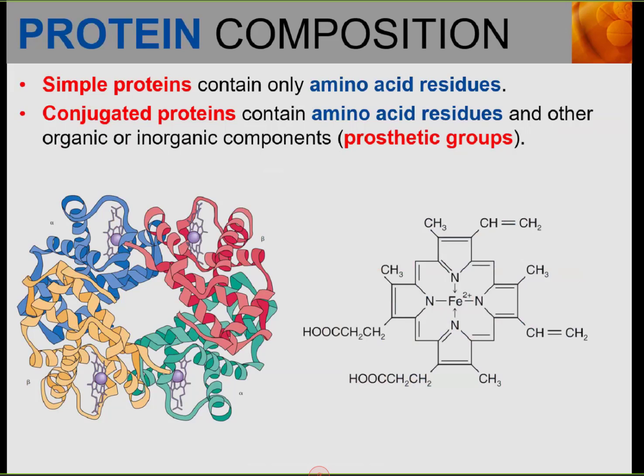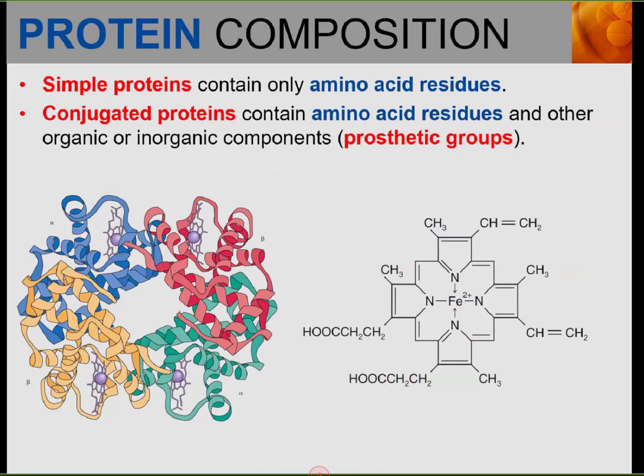So simple proteins contain only amino acid residues. But conjugated proteins have not only the amino acids, but they also have prosthetic groups. What you see in this picture is a heme, and it's a key component to hemoglobin.